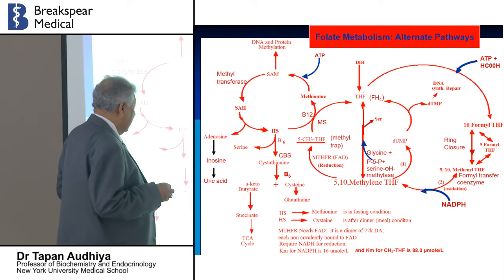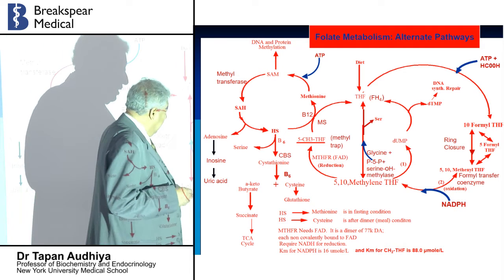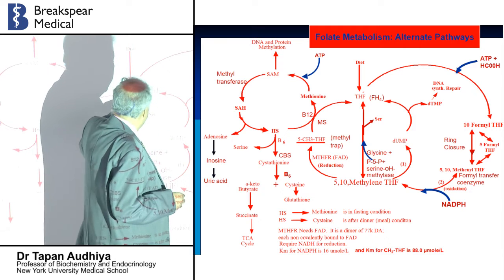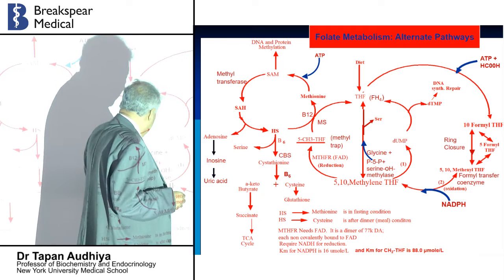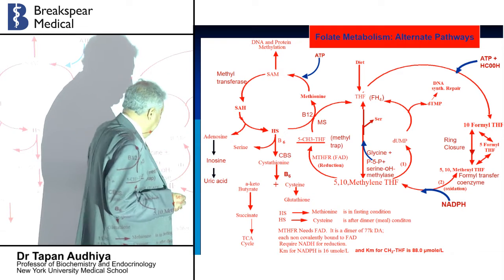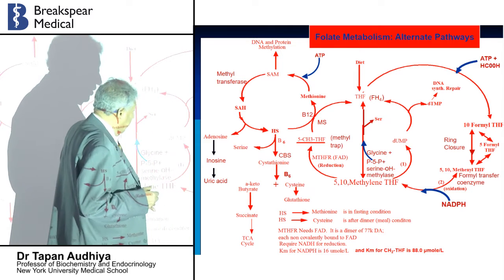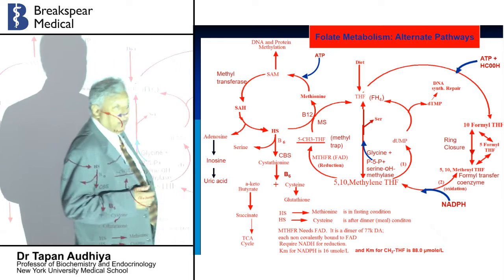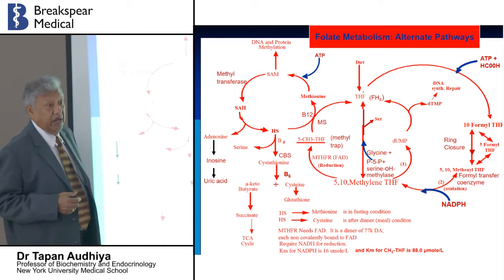Then, as I said, if the condition is reducing, which is an ideal condition, the tetrahydrofolate can come and regenerate the whole thing. But in an oxidative condition, instead of coming this way, it flows back this way, and that makes life pretty difficult.